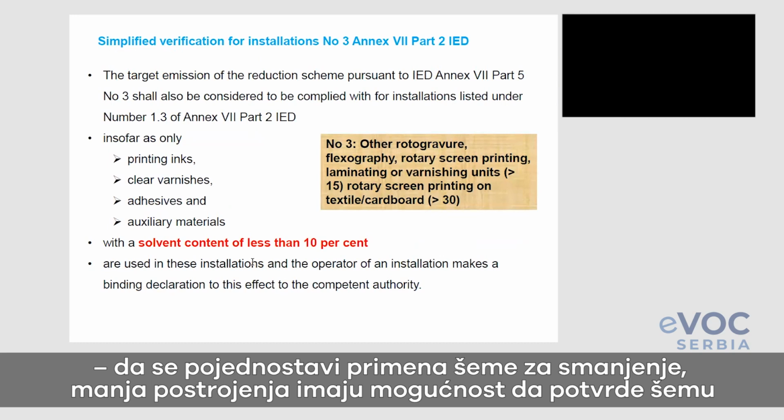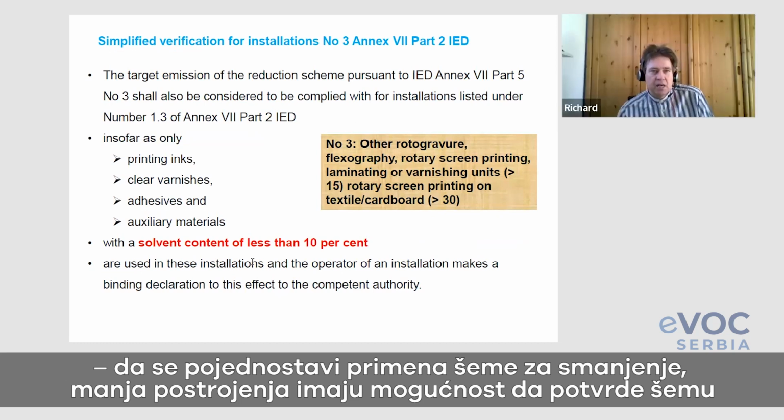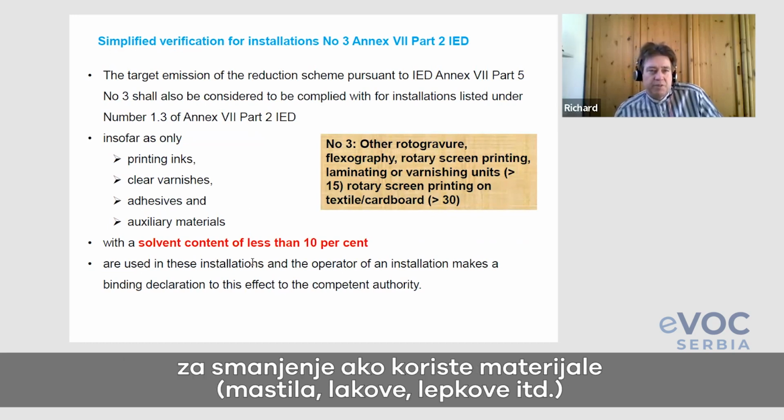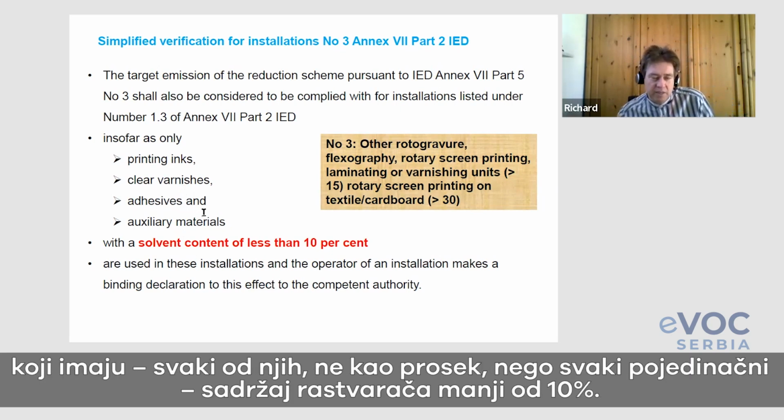Here, for these number 3 installations or activities, you can verify your reduction scheme if you use materials, as you see here, printing inks, varnishes, adhesives, and so on, that each individually, not as an average, have a solvent content of less than 10%.